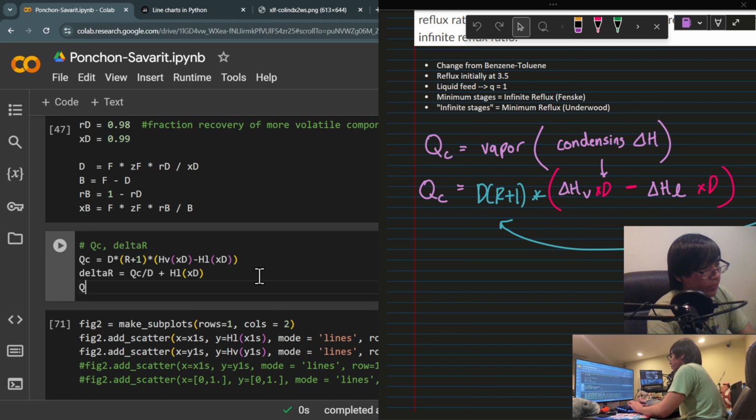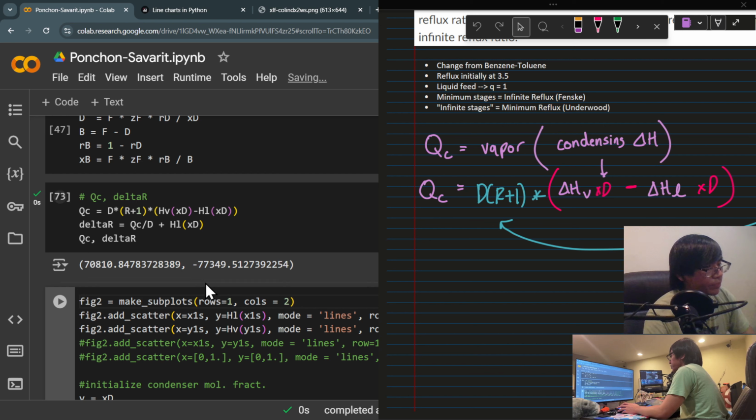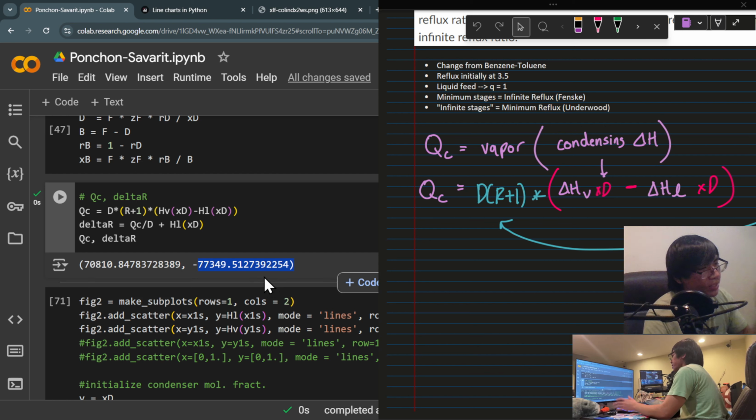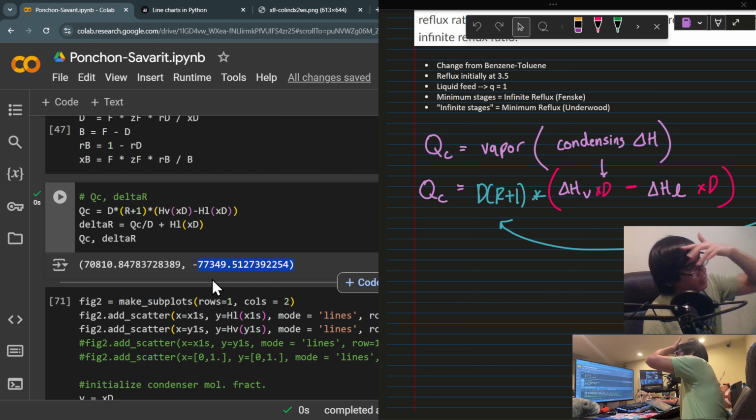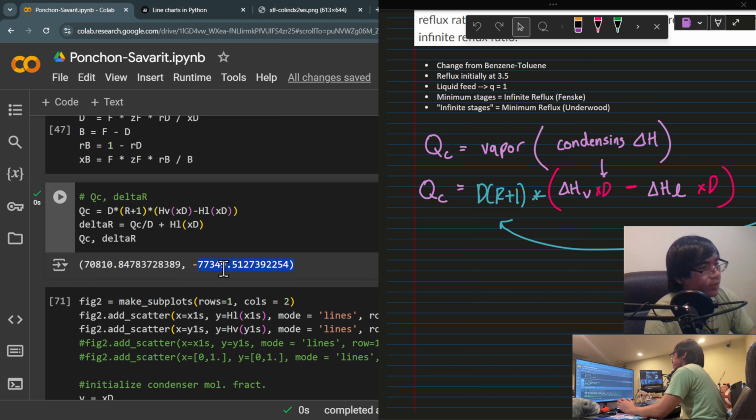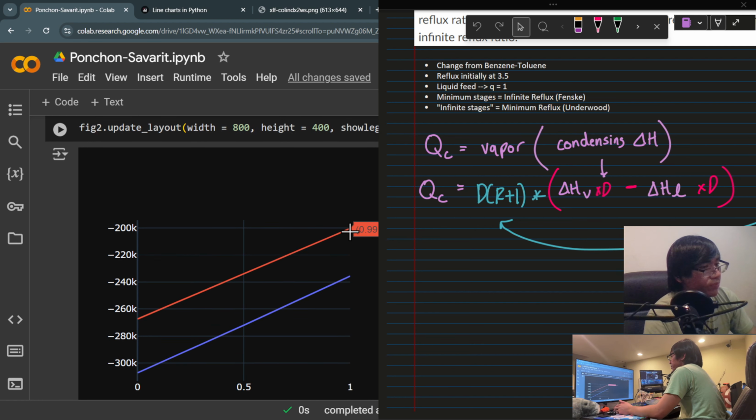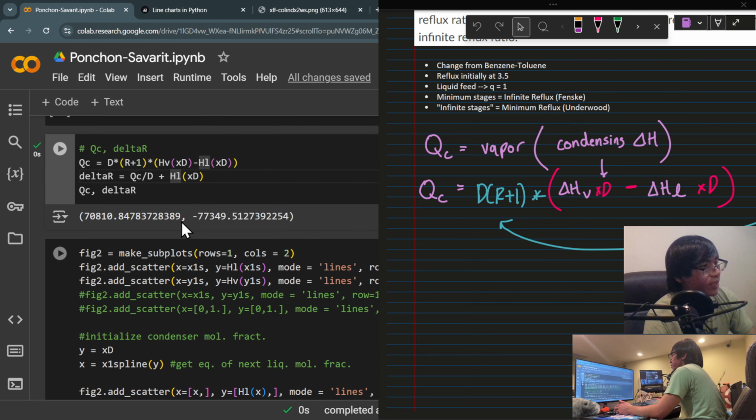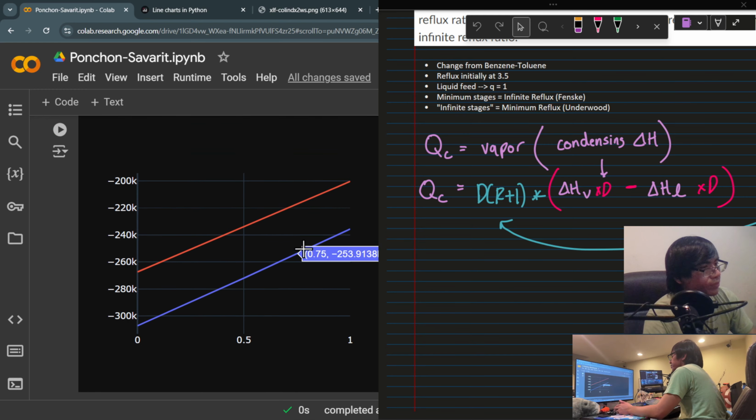Let's take a look at both of these actually. Yeah, pretty comparable. Notice that it doesn't change that much. Well, actually, are we subtracting this? Did I make a mistake? Oh no, it is negative. I'm sorry. Heat of liquid is negative. It's very negative, 200,000. So if we're adding those together, yeah, liquid down here.